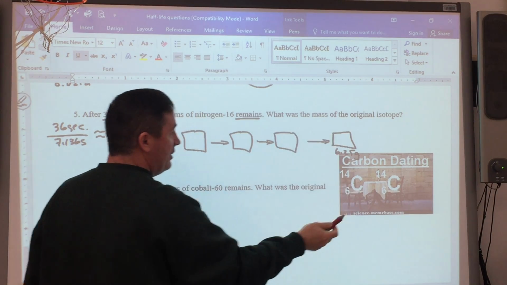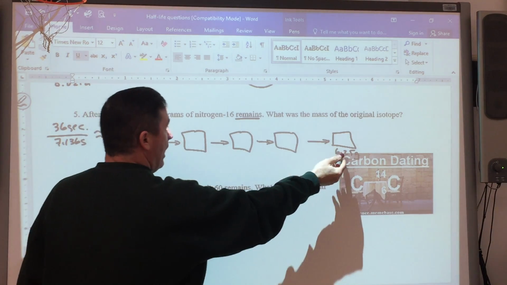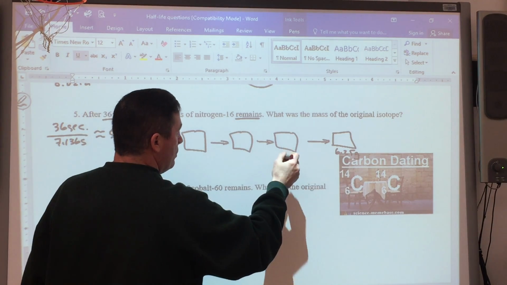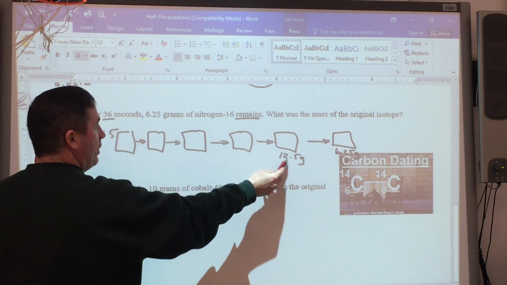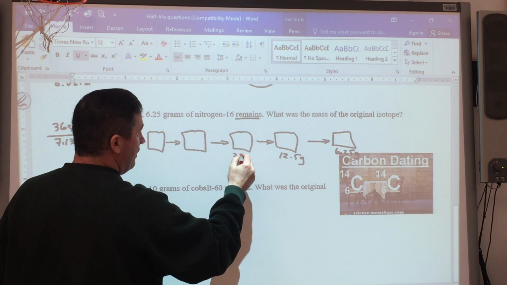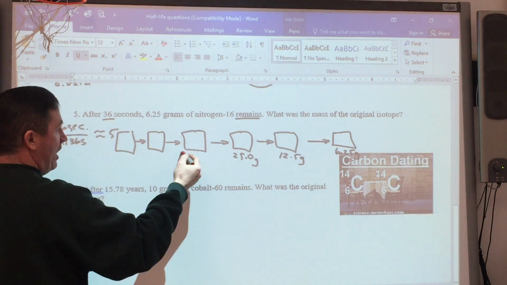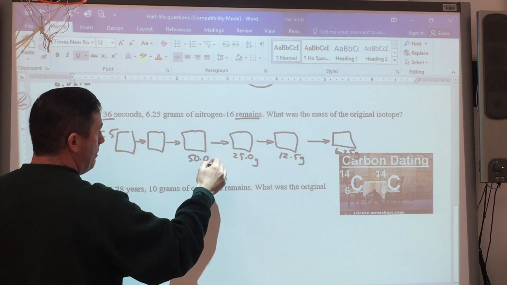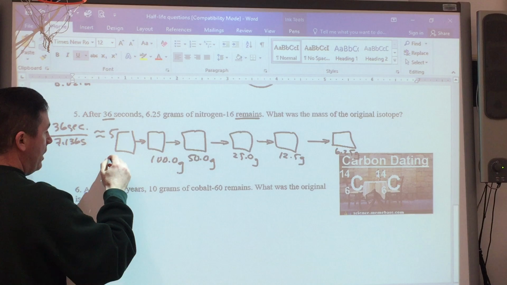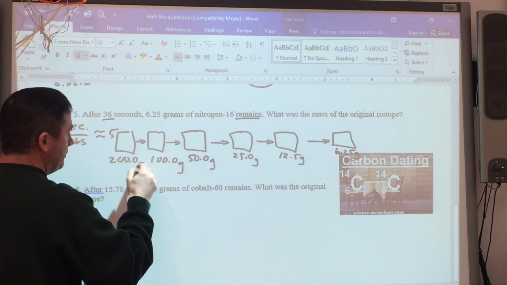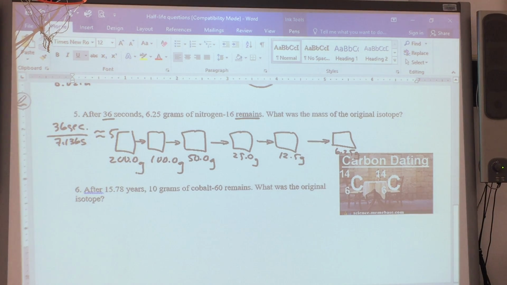It got halved. So if I'm going backwards, I double it. So this 6.25 times 2 is 12.5. 12.5 times 2 is 25. 25 times 2 is 50. 50 times 2 is 100. 100 times 2 is 200. Okay? So that is a little bit more complicated since they're telling us how much we are left with.